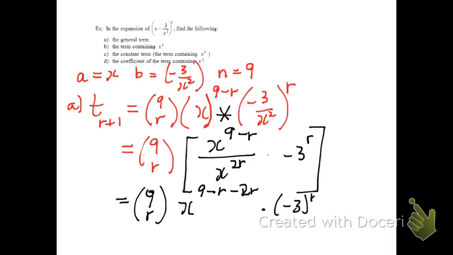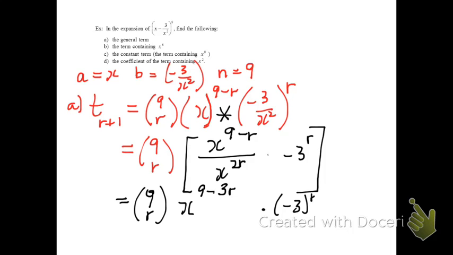Okay, so you can see that we've got all the x's into one term, and so now we can just simplify that. I'm running out of space here, so I'm just going to simplify this whole thing to 9 minus 3r. Okay, and then negative 3 to the power of r. So that's our general expression for the term. Now, I'm going to use this in subsequent questions.